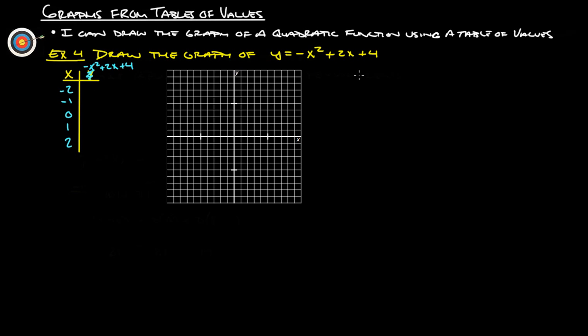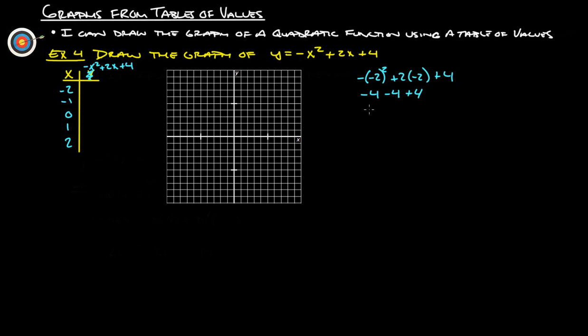So on this first one here, we got negative x squared. Now the x is -2, so we do negative (-2) squared plus 2 times -2 plus 4, right? So -2 times -2 is 4. And then we take the opposite of 4, so that's -4. 2 times -2 is another -4. And then a plus 4.